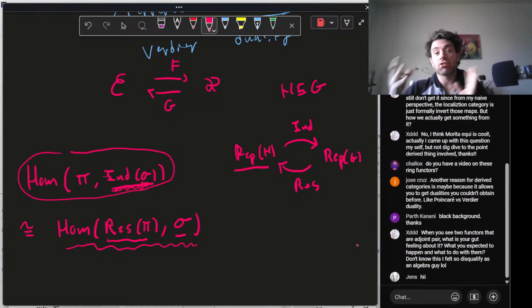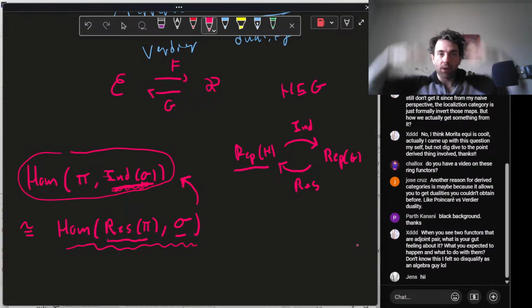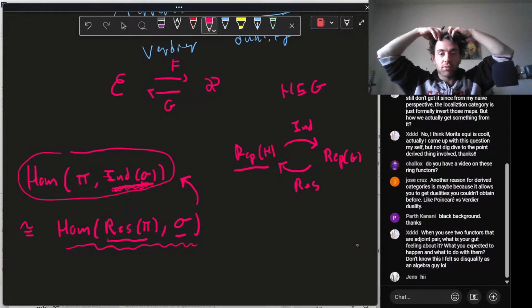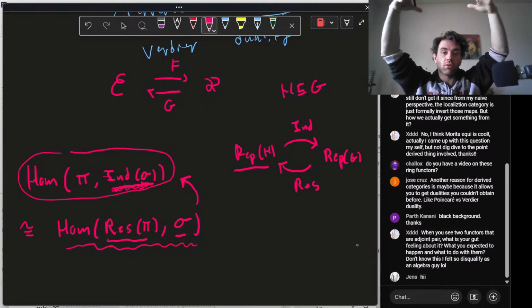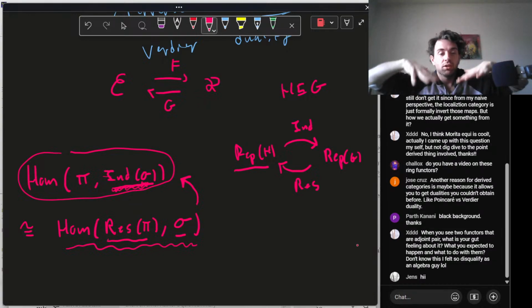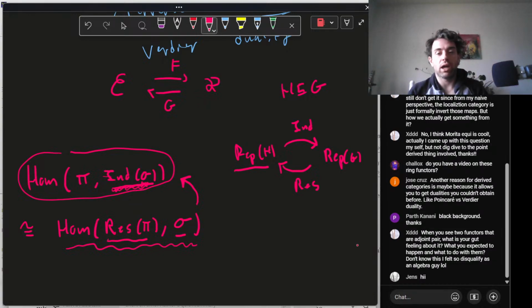And so that might actually be an easier thing for you to compute. And so here we've used an adjunction to better understand the way that representations in the category of G fit together with the representations in the category H. And this is also important too.